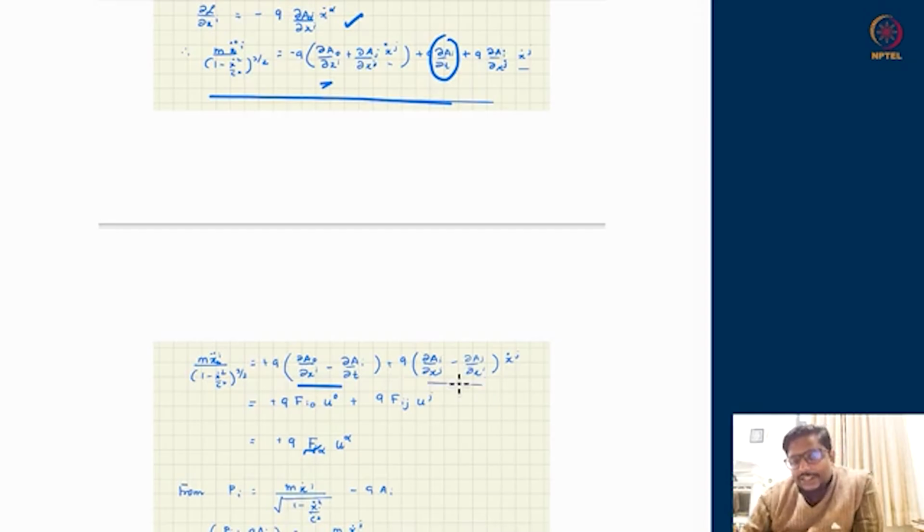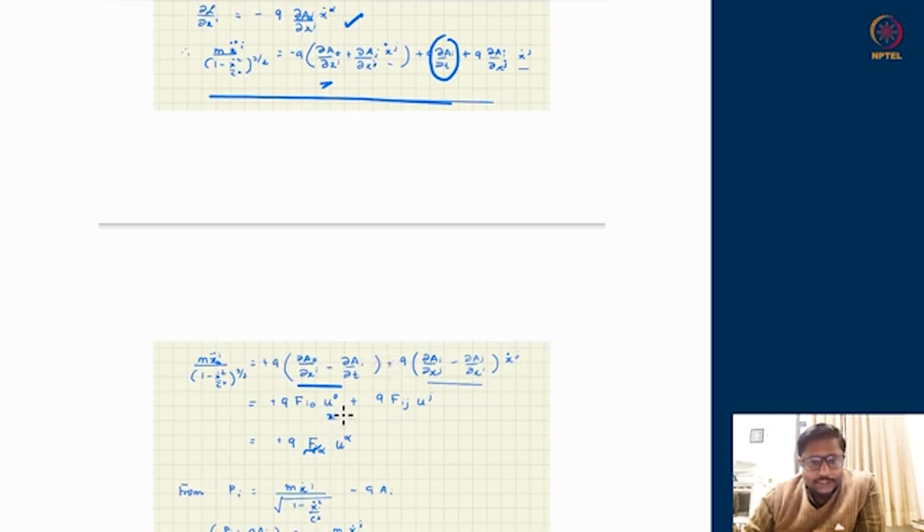Now you can realize that one term, which is independent of xi dot, and another term, which is dependent on xi dot or xj dot, have a structure of Fi0 and Fij respectively. This is just the ijth component of the field strength tensor of electromagnetic theory, and this is just the Fi0 component of F mu nu. This gets multiplied with 1, which is u0.